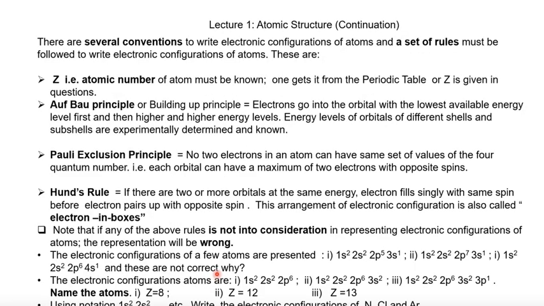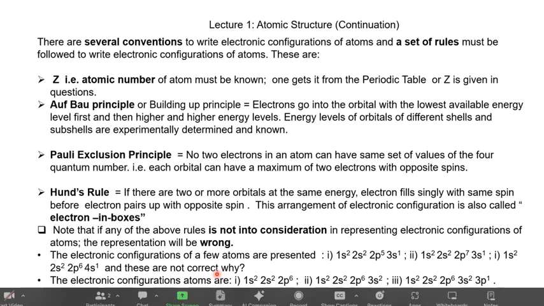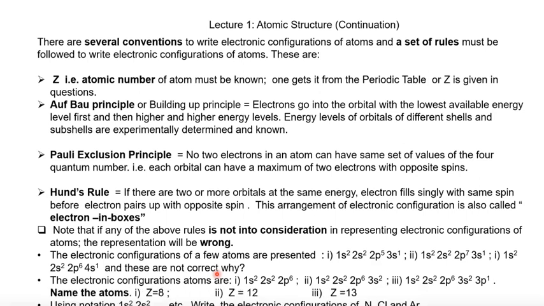Today we will talk about a set of rules to follow for writing the electronic configuration. First, we have to know the atomic number, Z, of the given atom whose electronic configuration is to be written. We get Z of any element we want from the periodic table. Then we have another principle, the Aufbau principle.